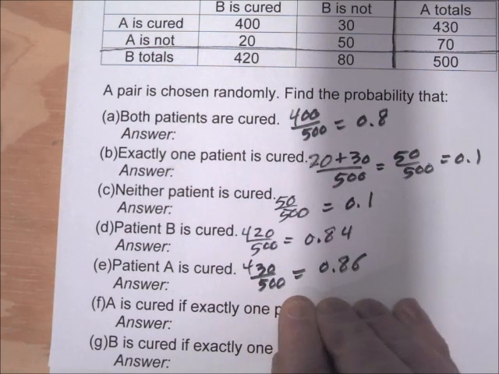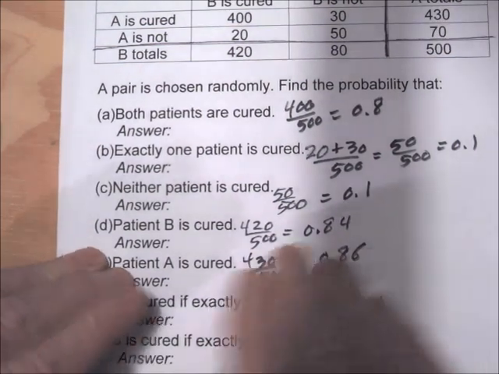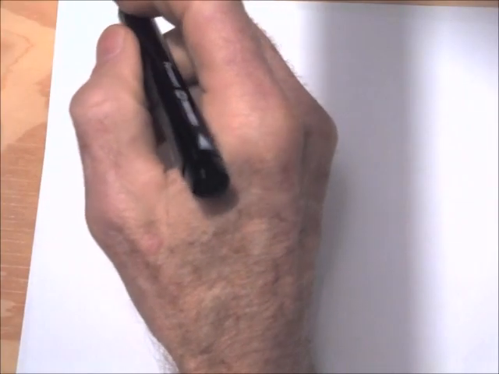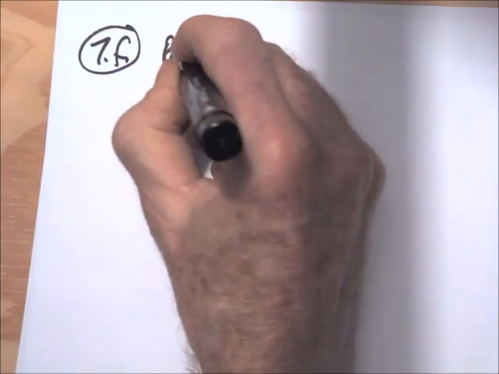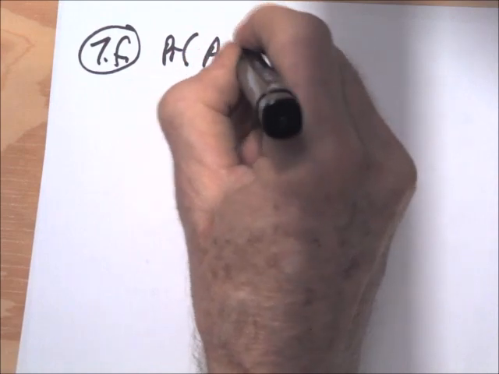Probability patient A is cured if exactly one is cured. Okay, so let's do that on a separate page. Probability of A if exactly one.